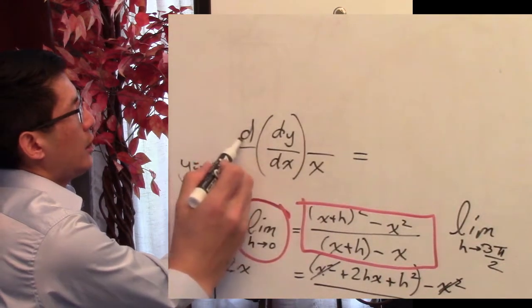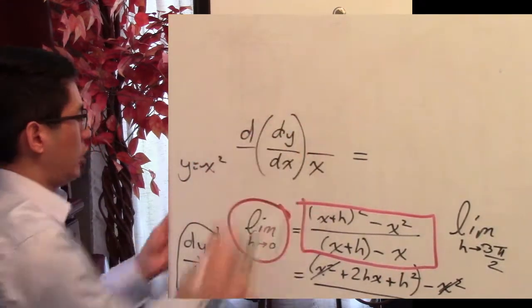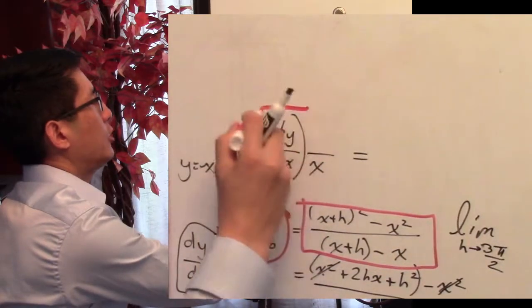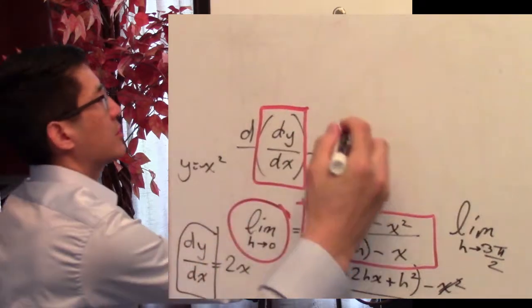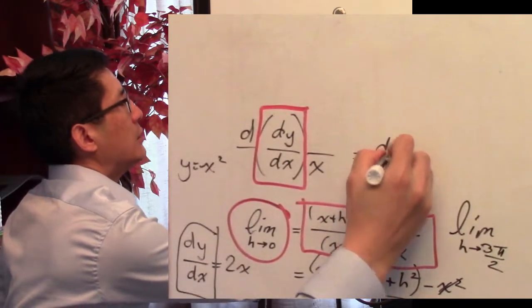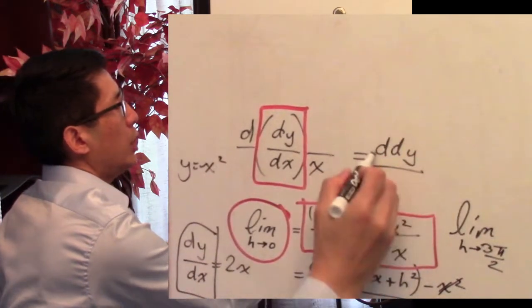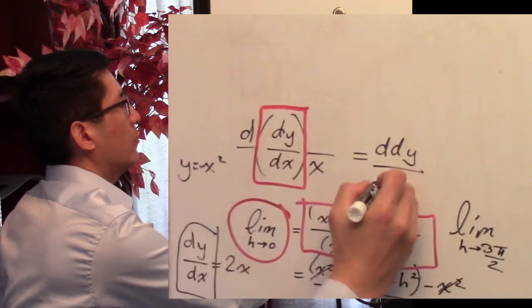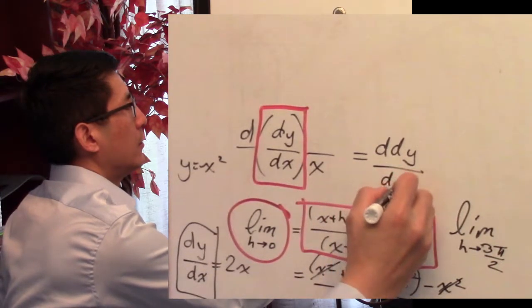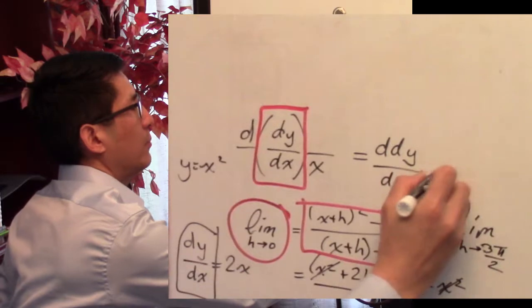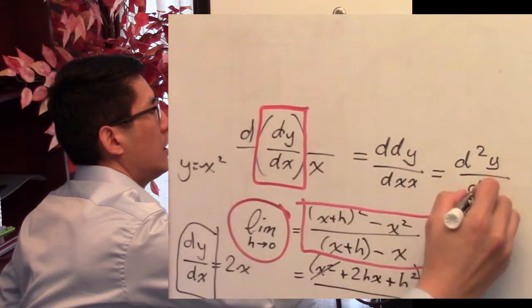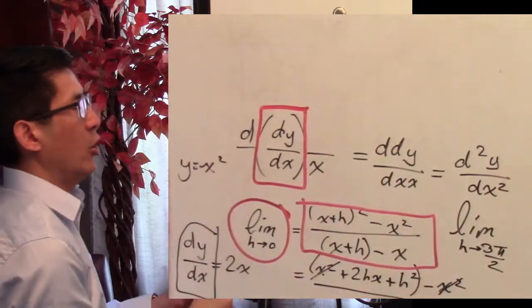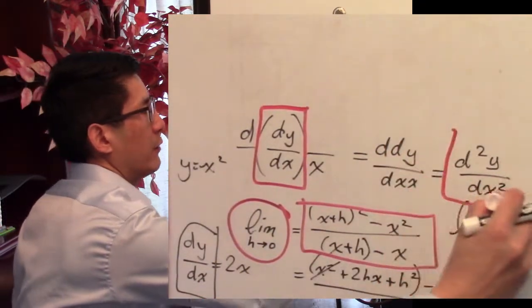As we take the change of this first change here, the change in the first derivative, again with respect to x, we end up with something that looks like this. d dy, or the change in y with respect to x a second time. And this simplifies to d squared y over dx squared. This is known as the second derivative of calculus.